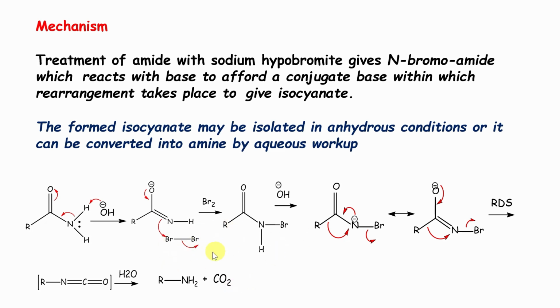Often this rearrangement is known as Hofmann's degradation reaction because the formed amine contains one carbon atom less than the reactant amide, and hence it is an example of degradation reaction.